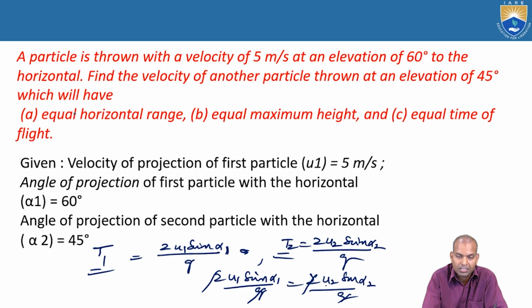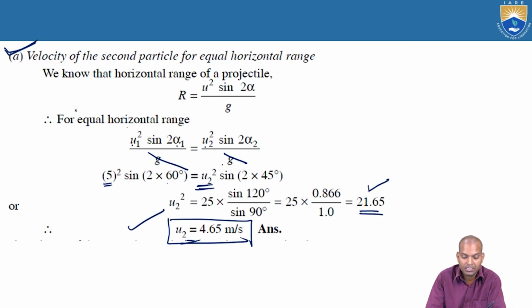There are two particles, two projectiles. When two projectiles with different angles have equal range, equal height, and equal time of flight, the second particle's velocity is obtained as follows. In the first case, for equal range, it is 4.65 meter per second, and u1 has alpha 1 of 60 degrees.